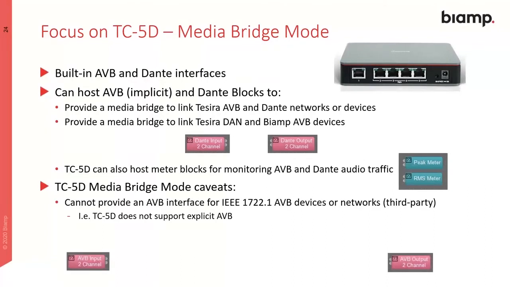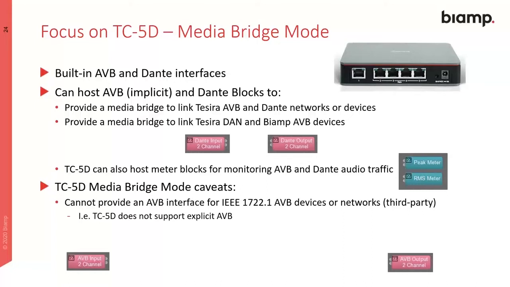Okay, so jumping into the TC5D media bridge mode, we cannot provide an AVB interface for, for example, third-party AVB devices. So if you have third-party AVB devices which support the standard IEEE 1722.1 for third-party networks, the TC5D does not support explicit AVB, because anytime you have AVB devices from Biamp, you will not need any explicit blocks.